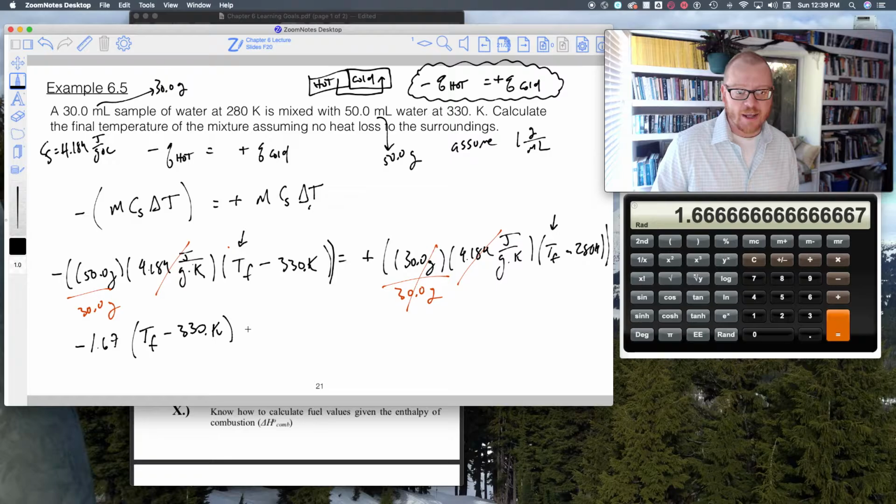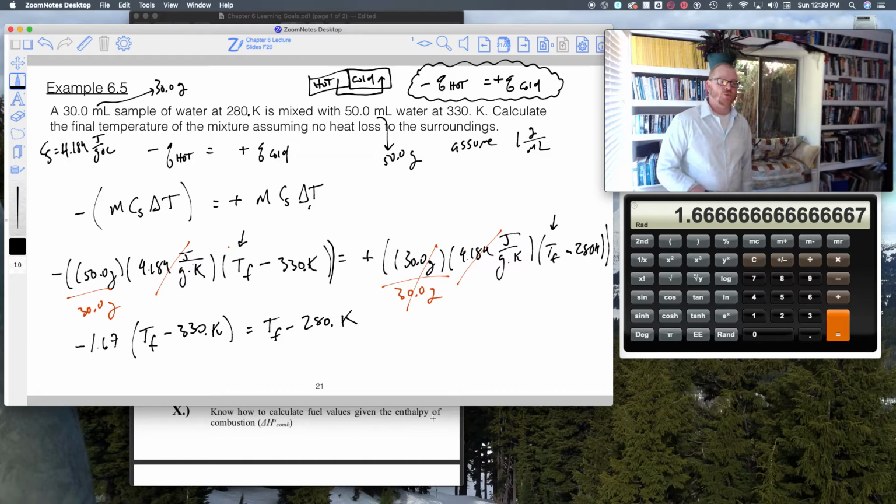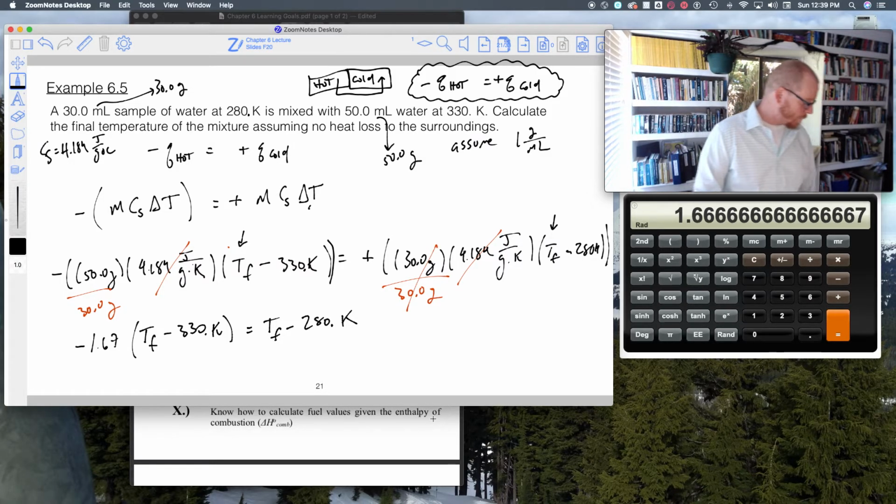And now that equals, and okay, so I divided by 30 and I canceled that. So the only thing I have left on this side is T final minus 280. We'll say there should have been a decimal point there for 3 sig figs as well. Okay. TF minus 280. And so as you can see now, this isn't so bad. So I'm going to distribute this number through.